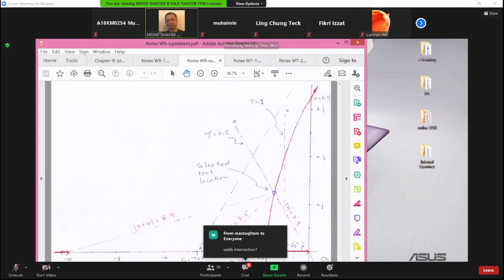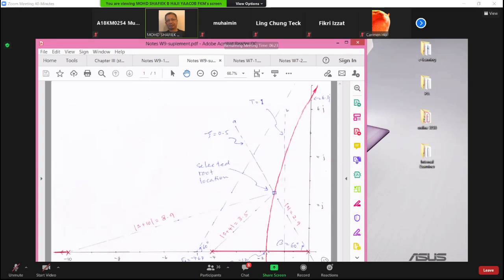The root that you select must be on the red line. That's one of the criteria. To meet the specification, you draw these two straight lines, AA for damping ratio 0.5 and vertical line BB for time constant equal to 1. Then you can select any point s between those two lines.